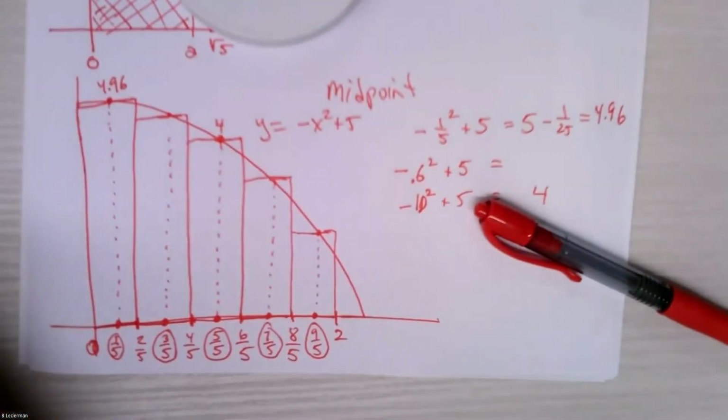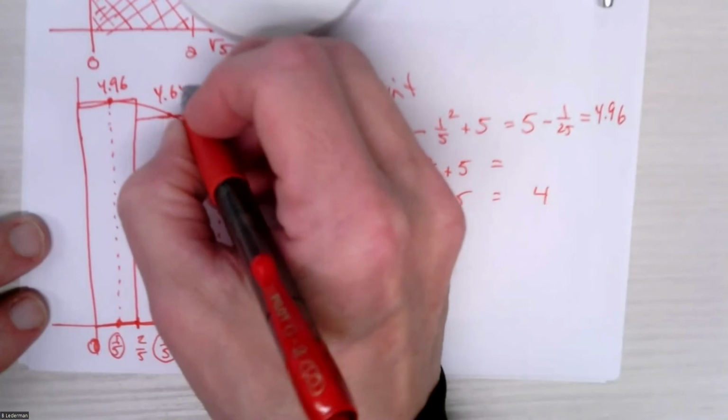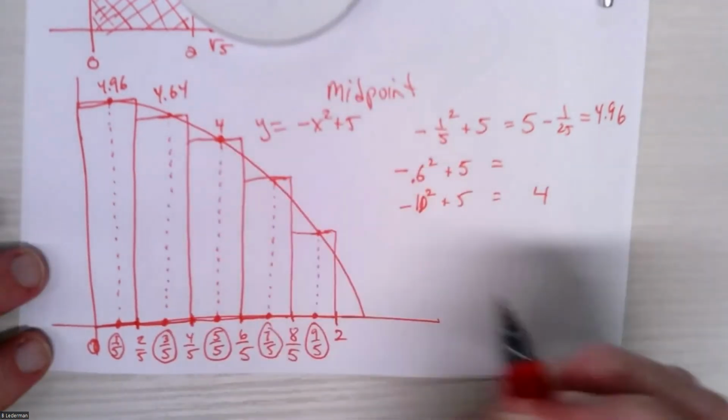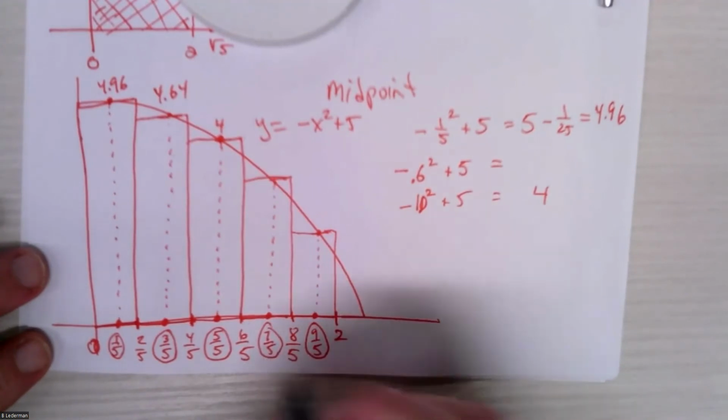And let's see, negative 0.8 squared plus 5. That's 4.64. And here we have 7/5 is 1.4.